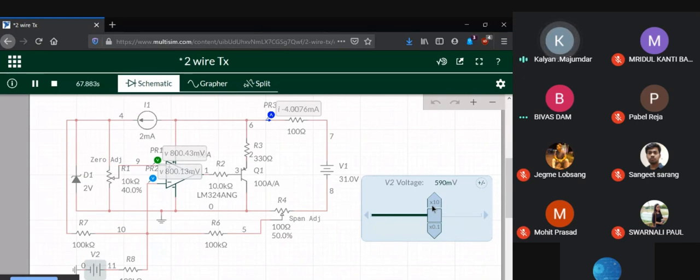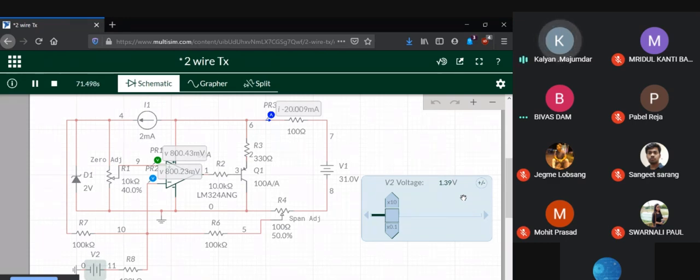Now we get 4 milliamperes at 590, and let us see at what input we get 20 milliamperes. 1.39 volts input gives you a current of 20.209.